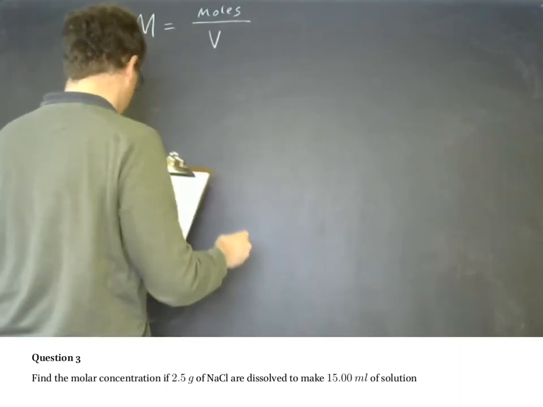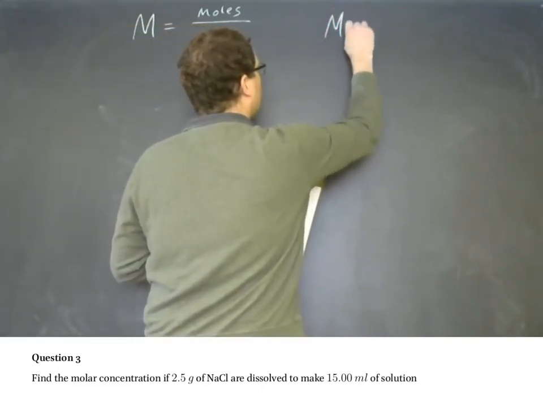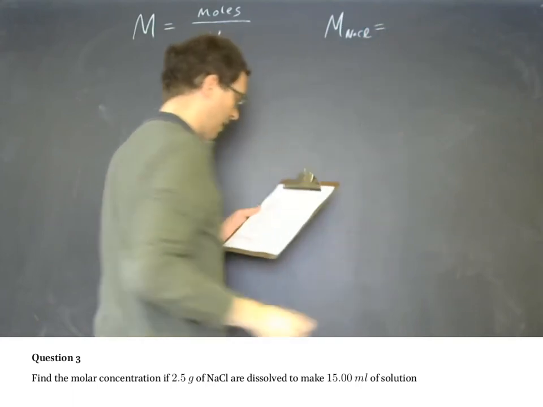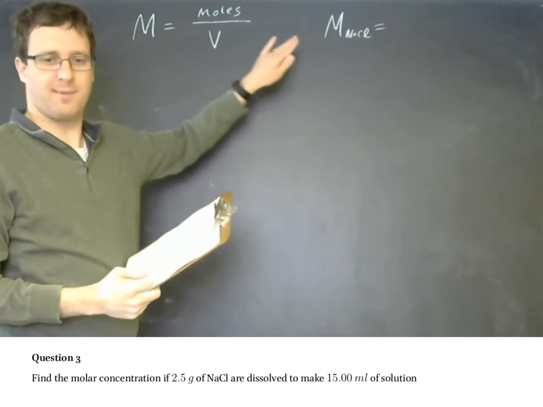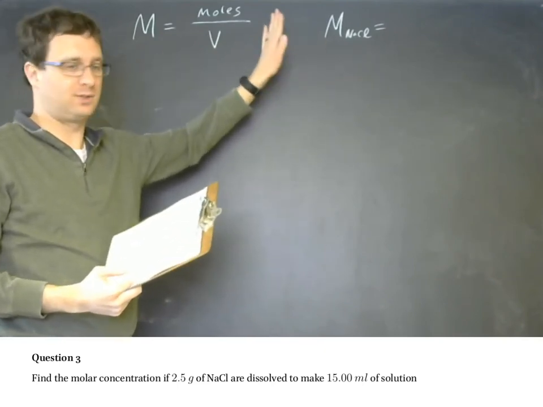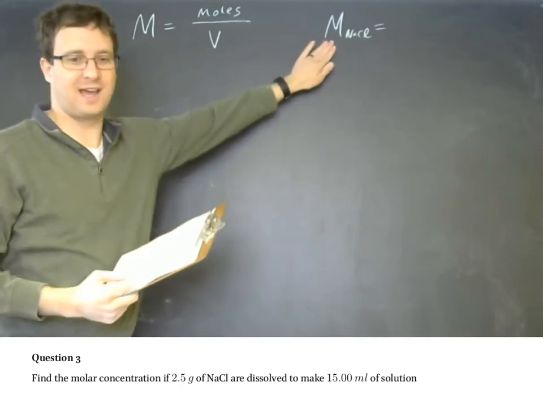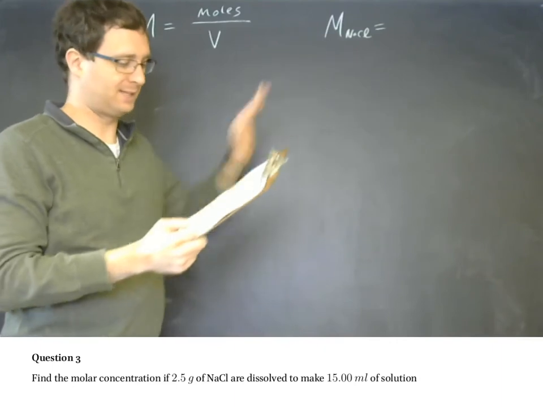And so our molar mass for NaCl. It's a little frustrating that molar is a capital M for concentration, and then molar mass is also a capital M. So just want to make it clear, these are different capital M's. This is the molar concentration. This is the molar mass of sodium chloride.